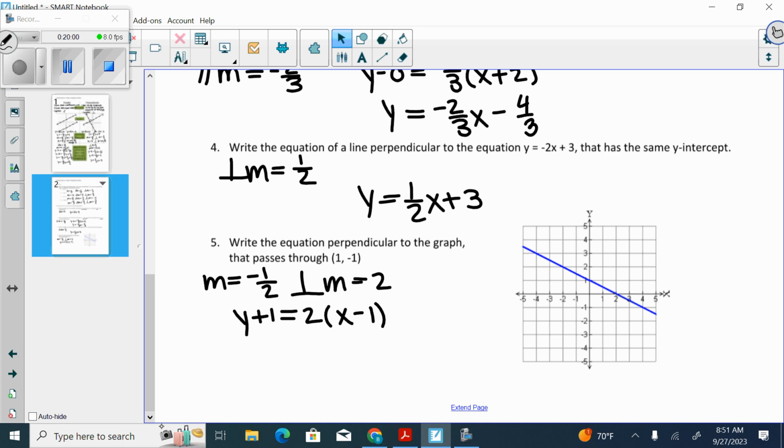You could graph it like this because we do know now that it goes through the point 1, -1, which means it's got a point right here. And we know that our slope is 2. So I can go ahead and start plotting points. Or if you prefer to graph it in slope-intercept, you can do like we did before. You would just distribute and subtract. Either way is fine.